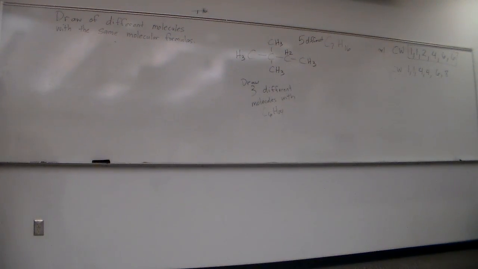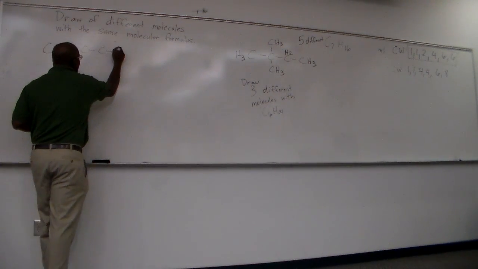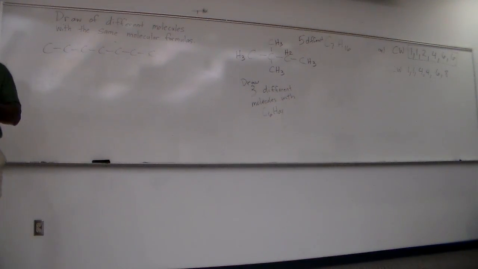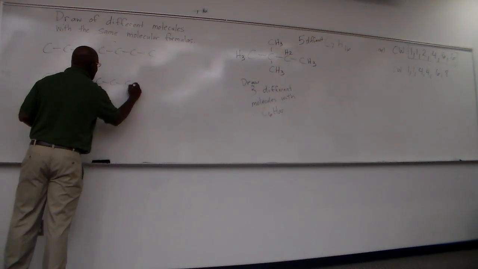First one, give me 7 in a straight line: 1, 2, 3, 4, 5, 6, 7. You can only have one of those. The next you would do is what? Give me 6 and 1. 1, 2, 3, 4, 5, 6.